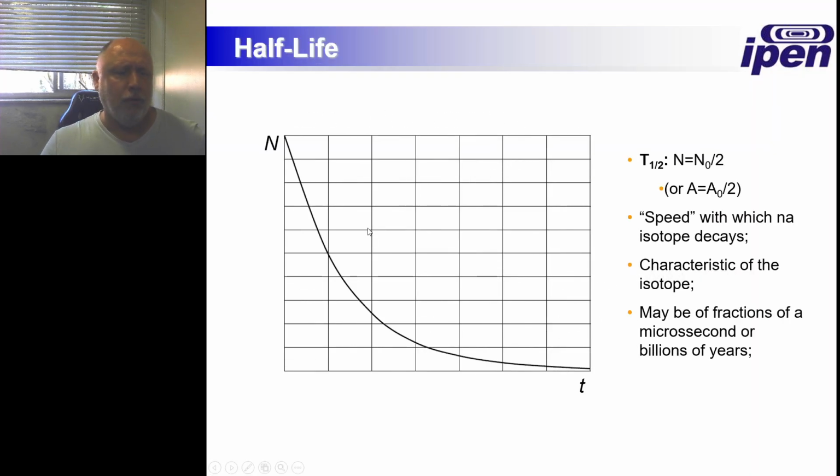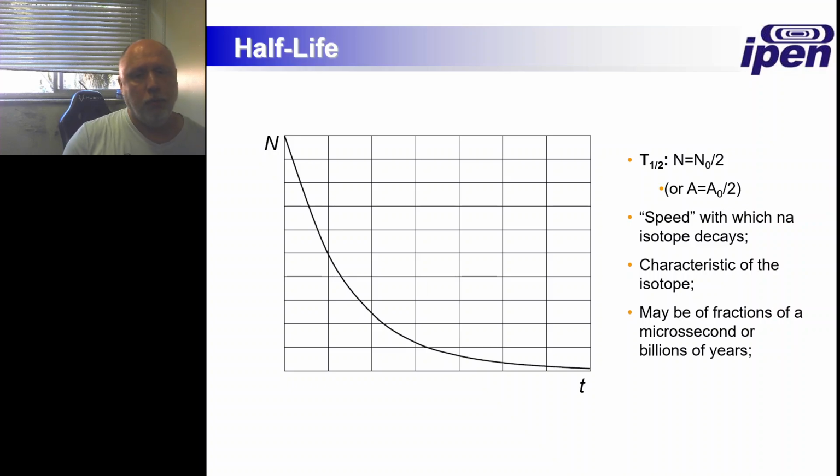So half-life, as I told you about, the half-life is the speed with which an isotope decays, or more precisely, it's the time it takes for the number of particles to get to half of it, which is equivalent to saying it's the time it takes for the activity to get to half, right? The half-life is a characteristic of the isotope.